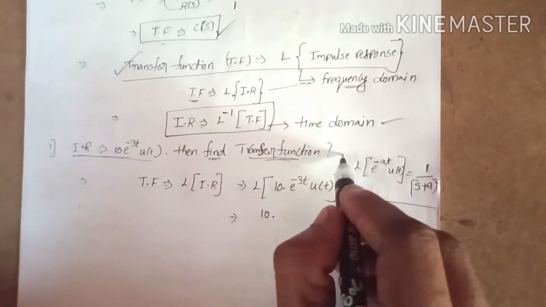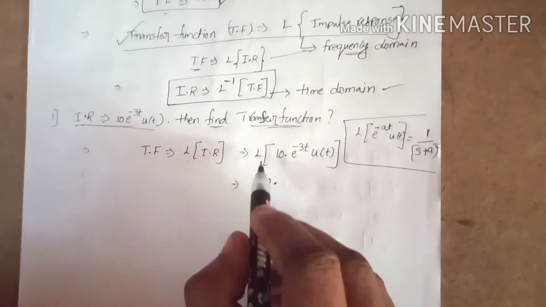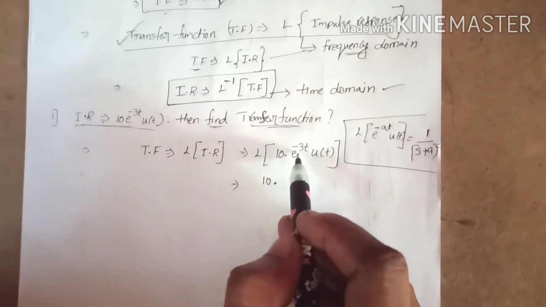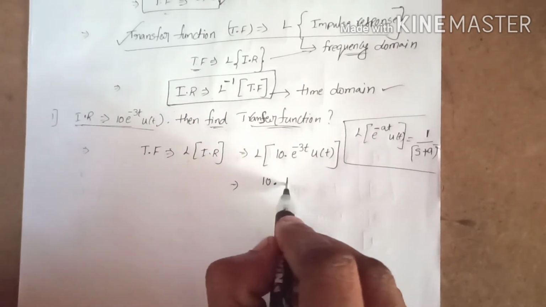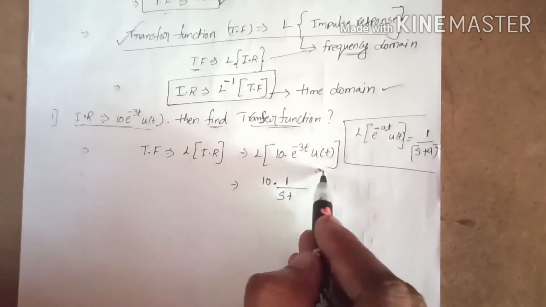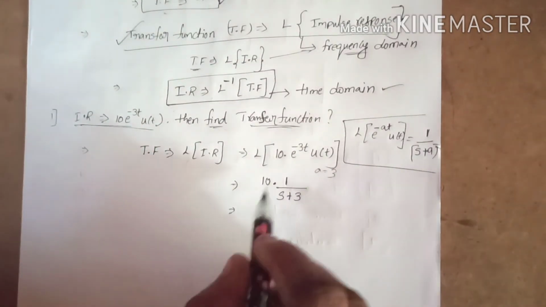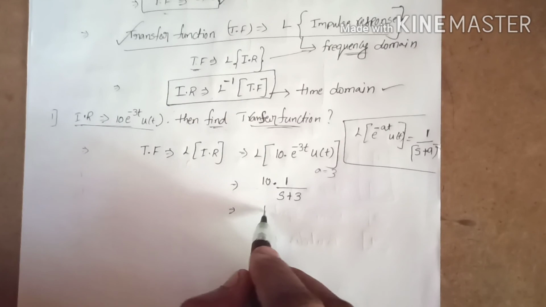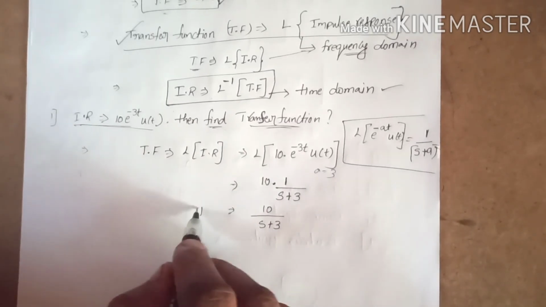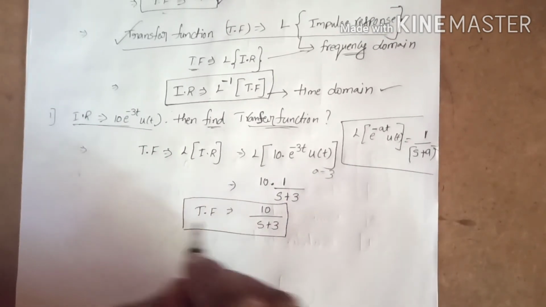So this is the formula for Laplace transform. In the place of a here we have 3, so 1 by s plus, what is the a value? a equals 3. So 10 into 1, 10 by s plus 3. So easily, the transfer function equals 10 by s plus 3.